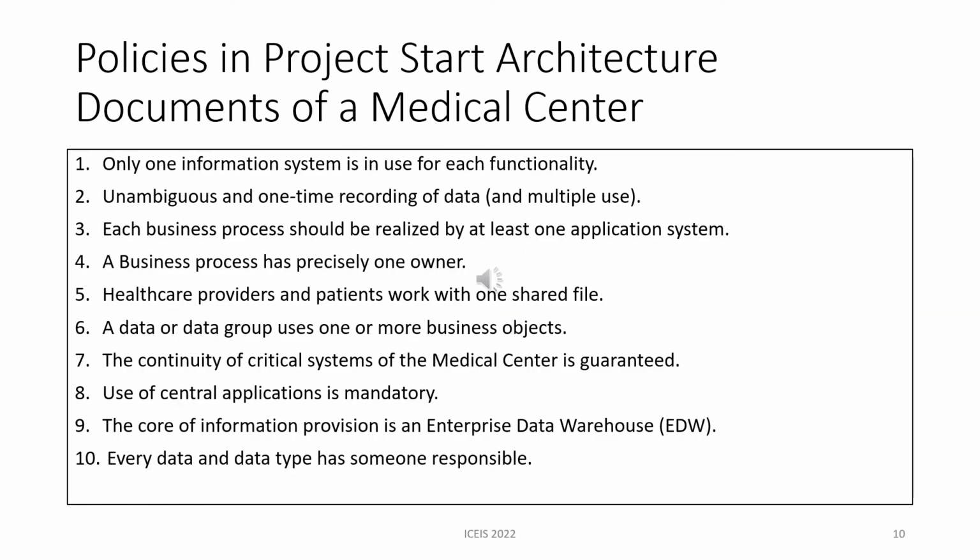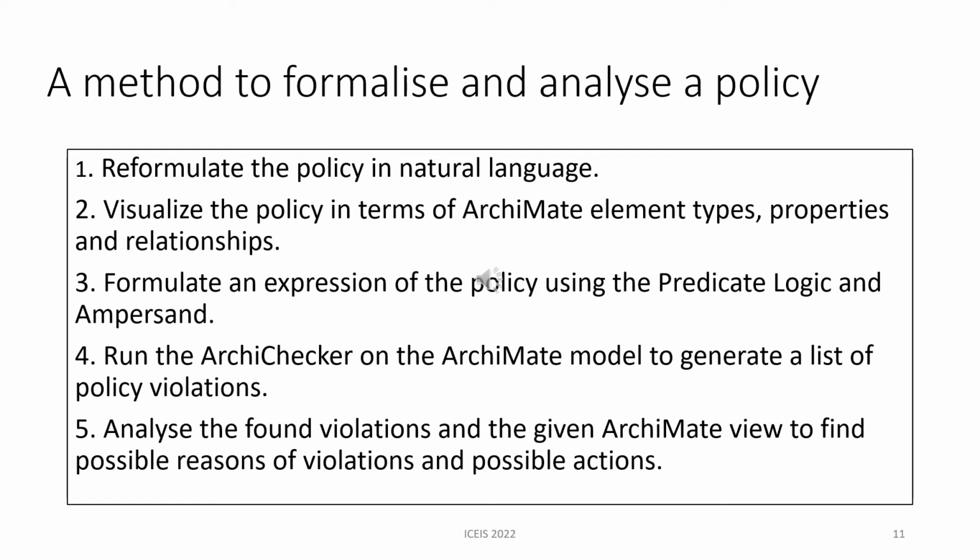Identification of organization-specific policies and constraints have been recognized by many authors as a challenge. We have analyzed the documents of a medical center, and in its documents called Project Start Architecture, we have found 10 repeated policies. Our method, aimed to formalize and analyze a given policy, looks as follows. First, reformulate the policy in natural language.